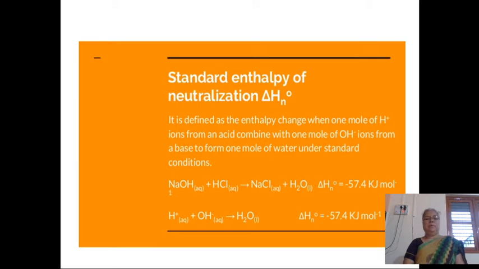Then the next point, standard enthalpy of neutralization reaction. It is denoted by delta H0 n. Delta H is enthalpy change, this 0 stands for standard state and n stands for neutralization.